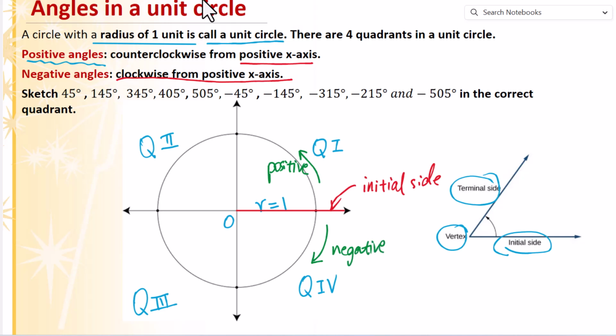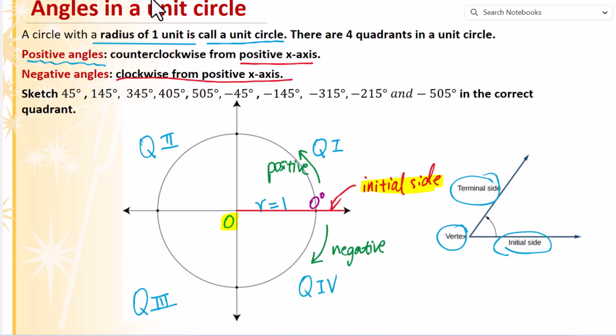Remember, for positive and negative angles, the positive x-axis is always the initial side of the angle, and the origin will be the vertex.